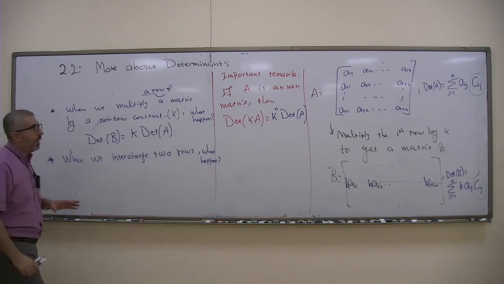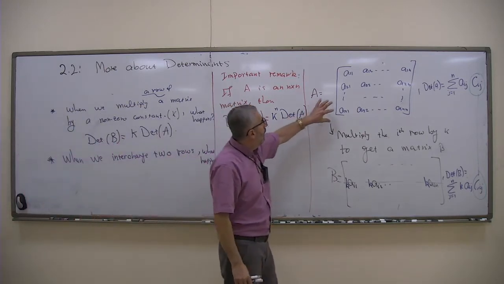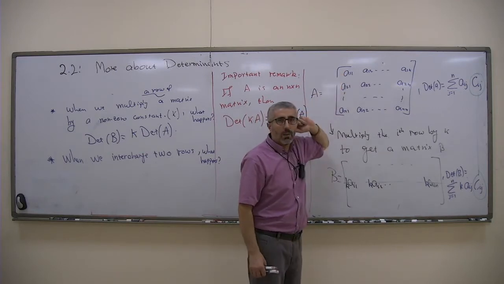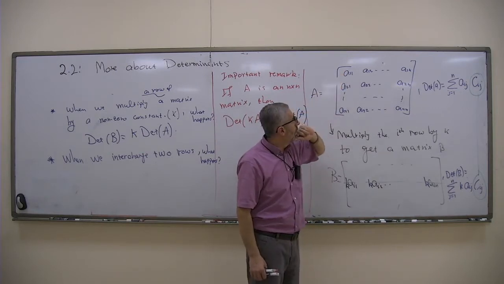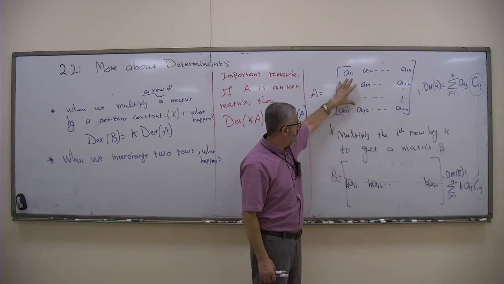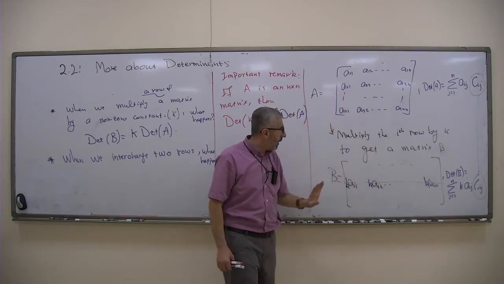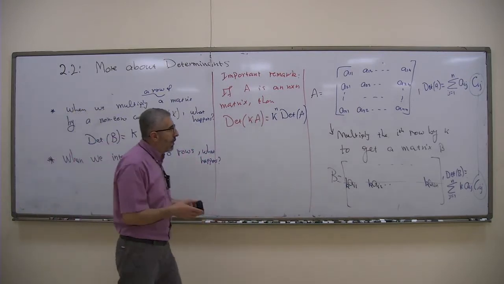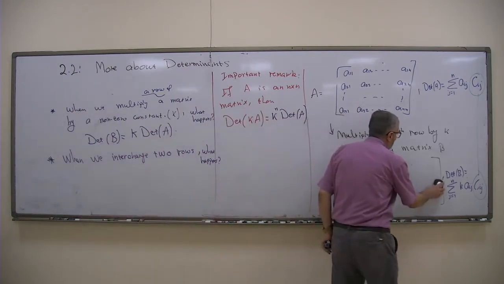So let's go back here and think about you interchange two rows, this here or this here. What happens? So this is your matrix. And instead of multiplying by k here, what you do, let's say here the first row and the second row.